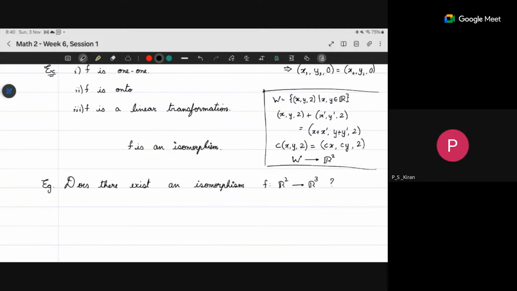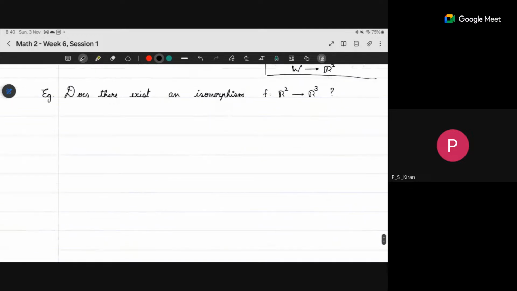Okay. So back to the question: does there exist an isomorphism between R2 and R3? Can I construct a map which is one-one, onto, as well as a linear transformation? So I think it is not onto.